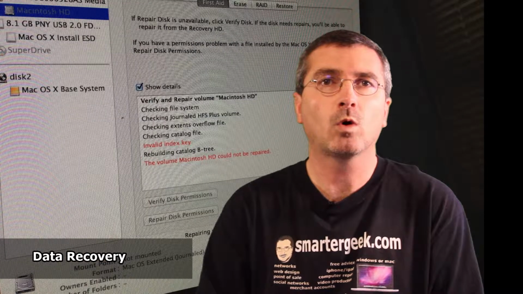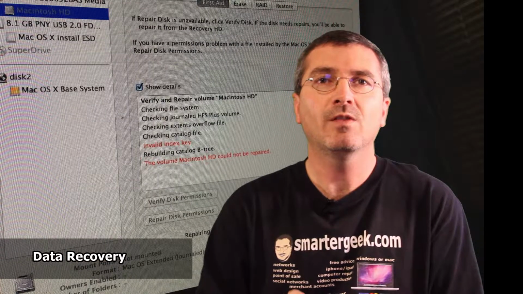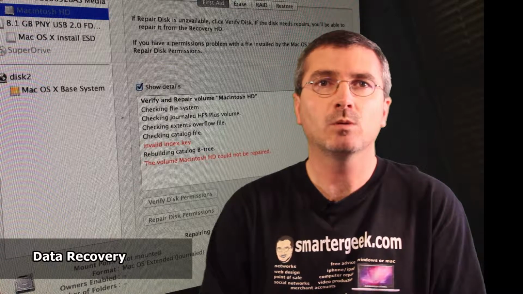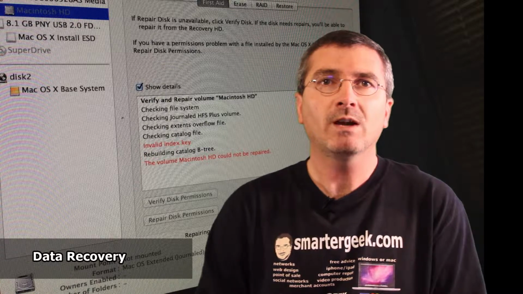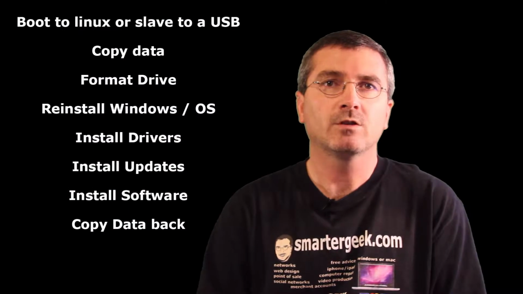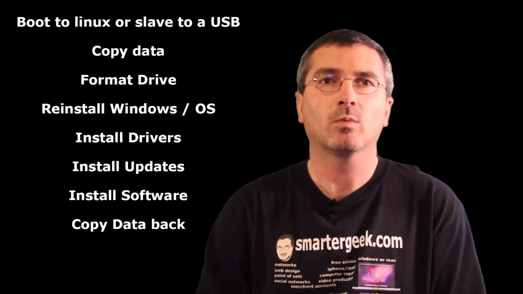So what about recovering lost data? Well, the fact is that your computer itself is not really that important. It's the data. It's the pictures and all the things you create, the PDFs, the Word documents, the Excel files. That's what's important, not the actual computer itself. So if you have a virus or Windows crashes, then recovering your data is a pretty straightforward process.